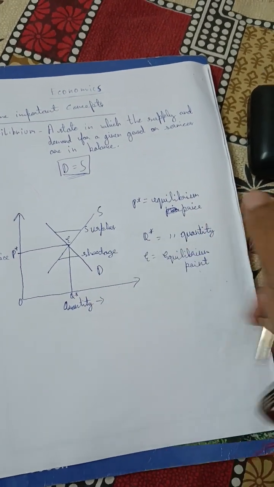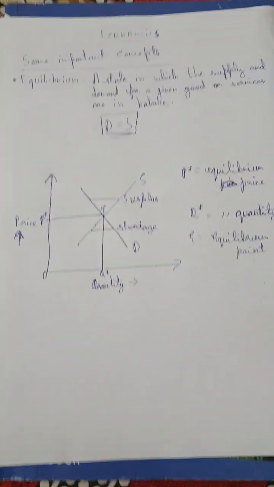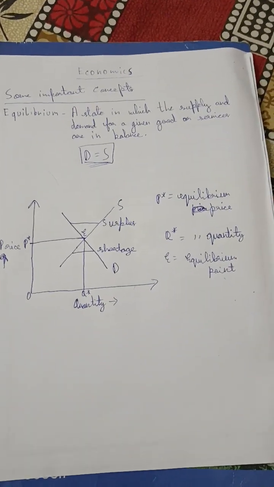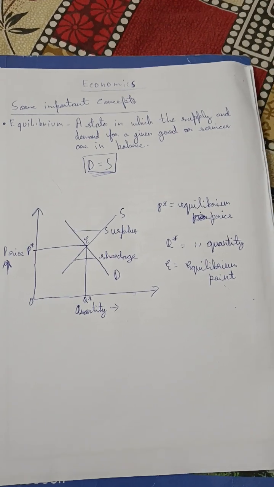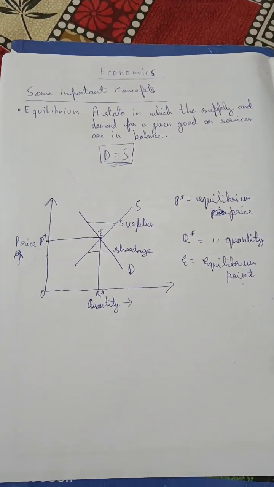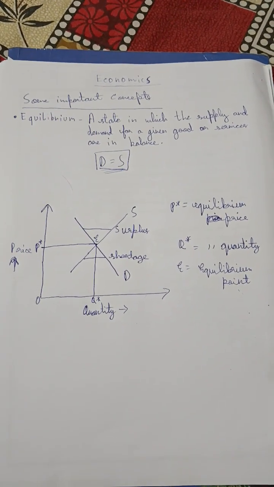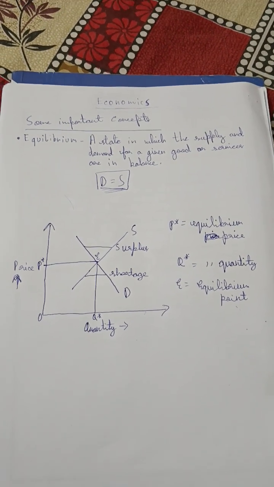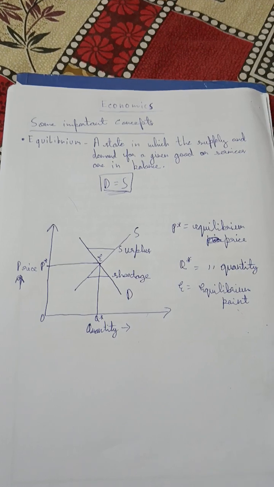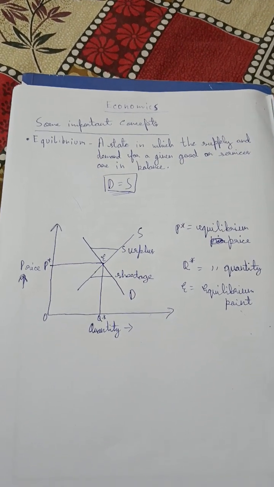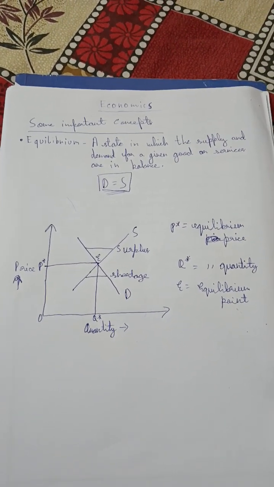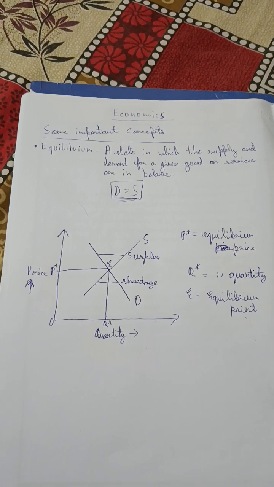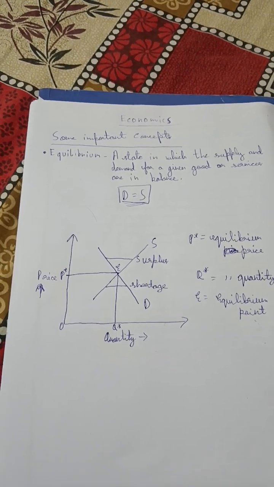Okay, so surplus and shortage, what is this? I've already said that when the supply is more but the demand is less, that market will face a surplus. And if a market has more demand and less supply, they will face a situation known as shortage.